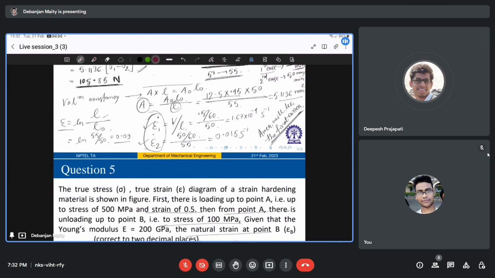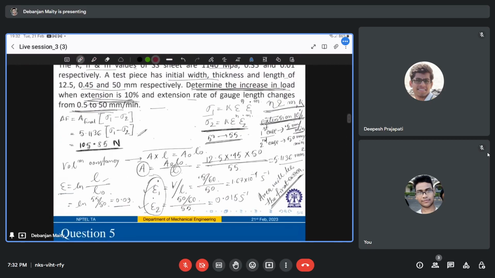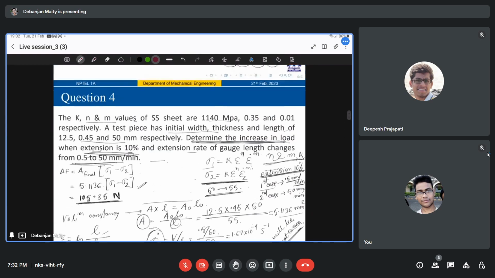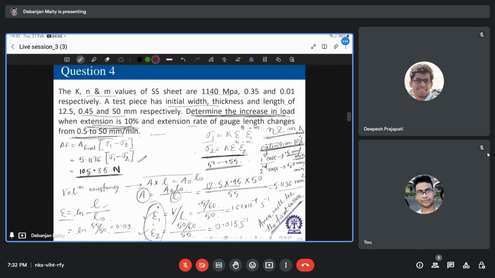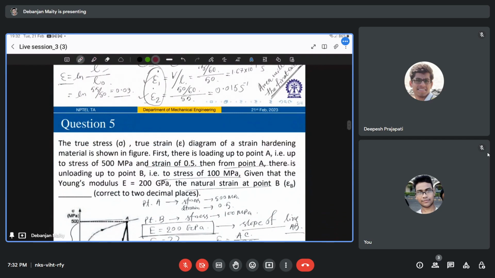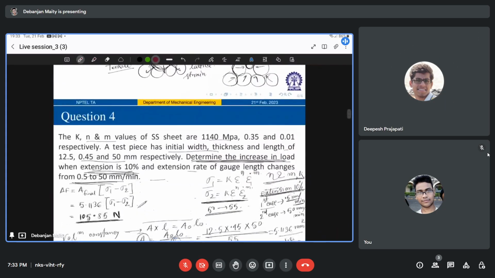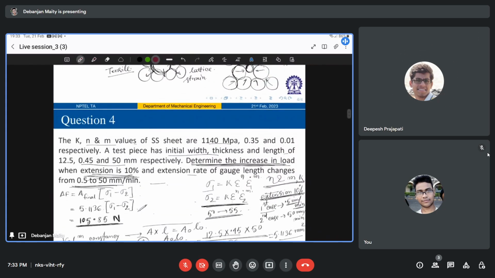For a few numericals, I've tried to make them not that straightforward. There are some tricks which you need to crack. Are the numericals understandable? Okay. So if there is no question, we'll finish it here.